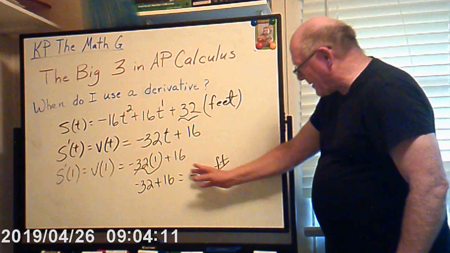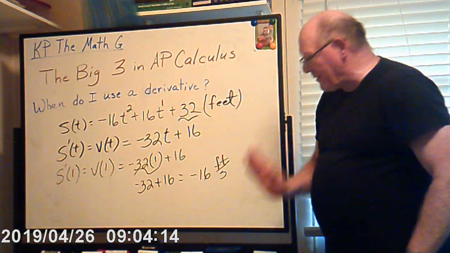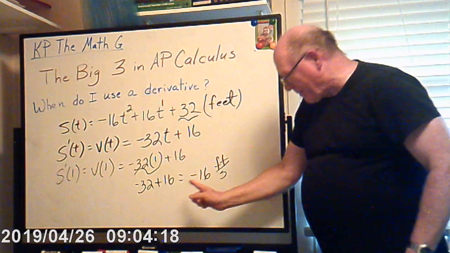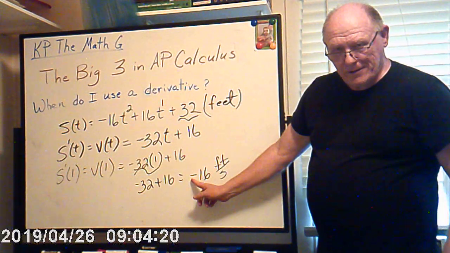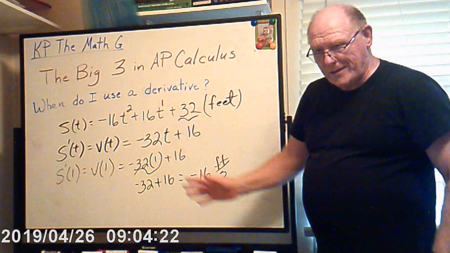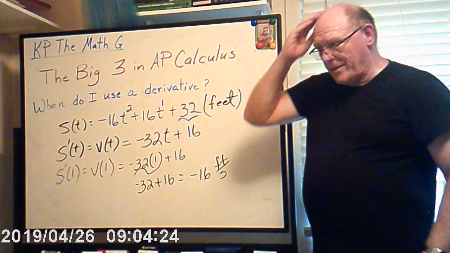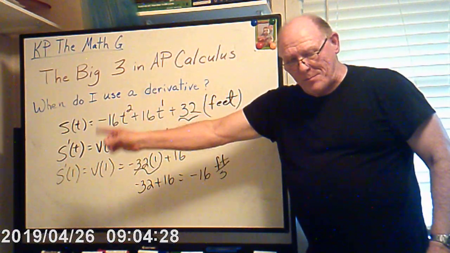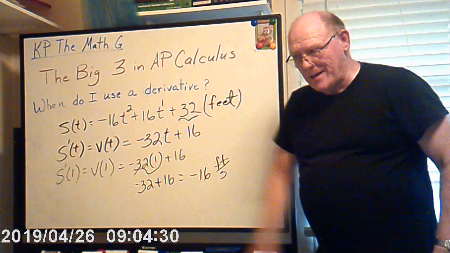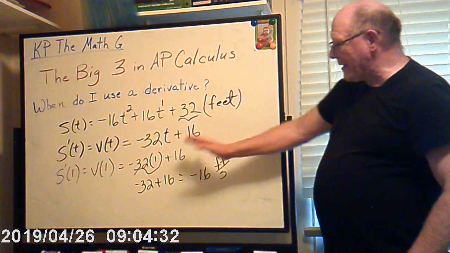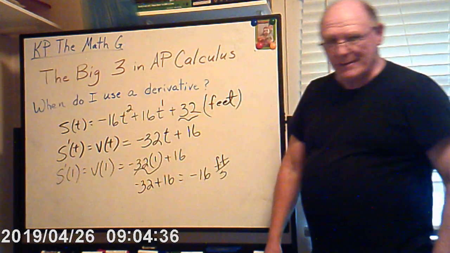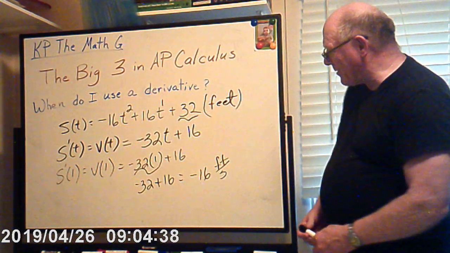But that's what this is. And so this is moving to the left. If you say left, you're already saying negative, so don't say negative 16. You're saying the particle is moving left 16 feet per second, at a rate of 16 at t equals 1.